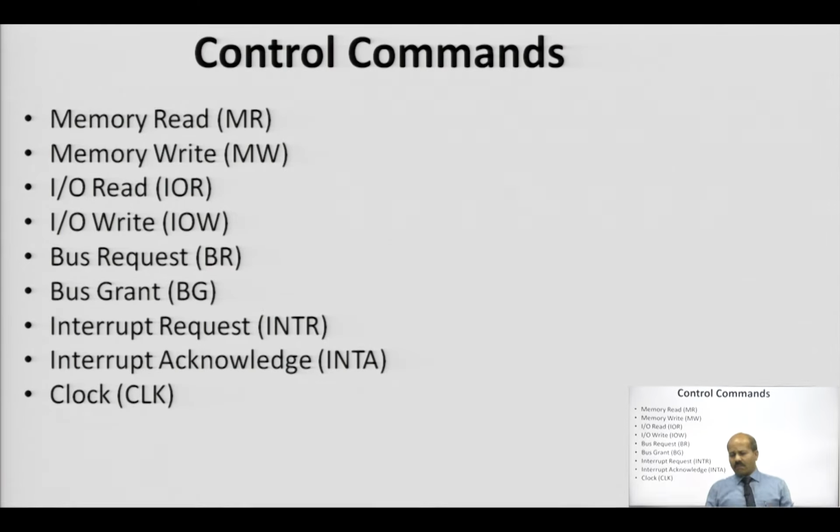So, in our system all the operations or components are synchronized through a clock. This command CLK is used to show that components are synchronized using a clock cycle. There are many more commands you will see later in this course.